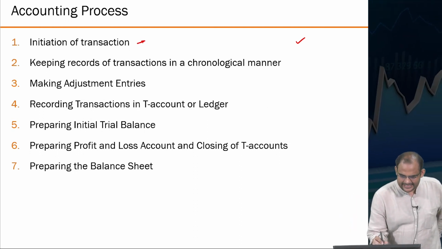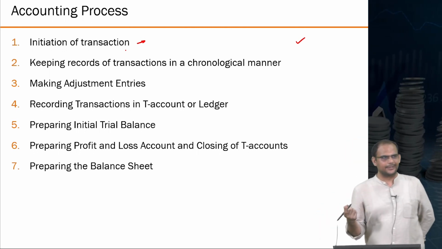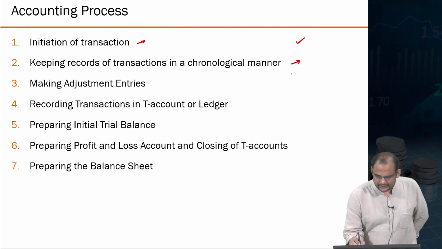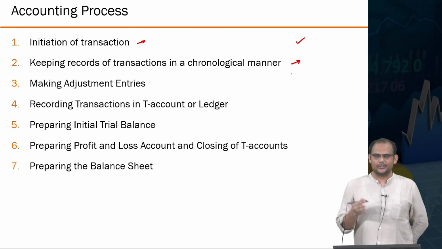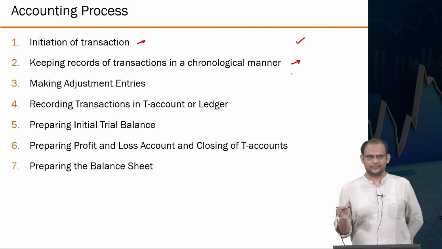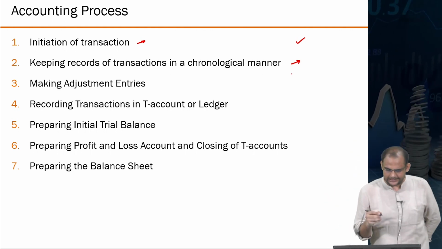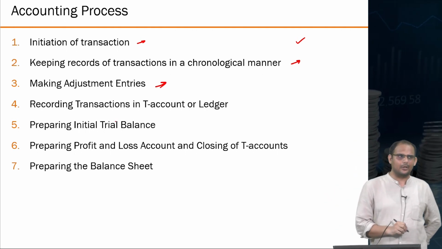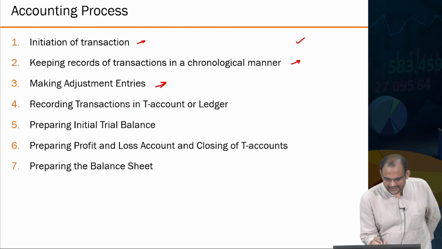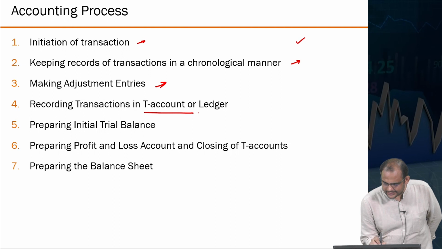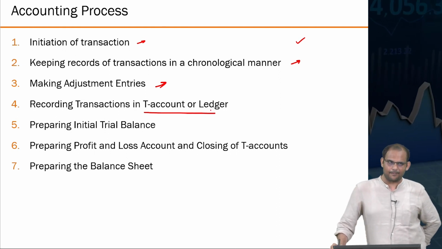So the first step of any accounting process is to initiate the transaction. Second is to keep the record of the transaction in a chronological manner. You know what chronological is? Essentially arranged with respect to the time at which they have occurred. Then you need to make something called adjustment entries. We will look into more details of each of them. You need to record the transaction in something called a T account, or it's called a ledger.